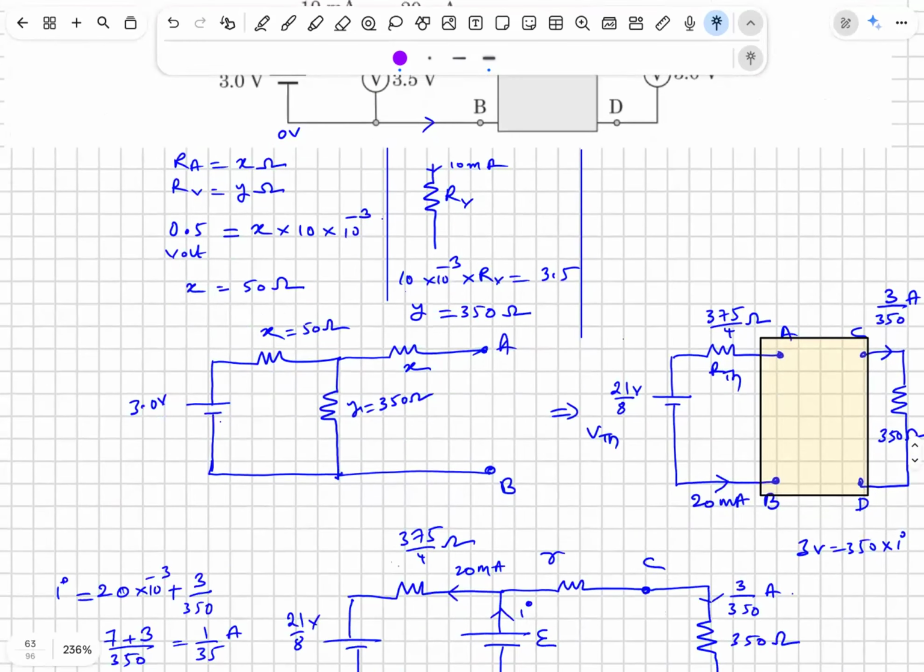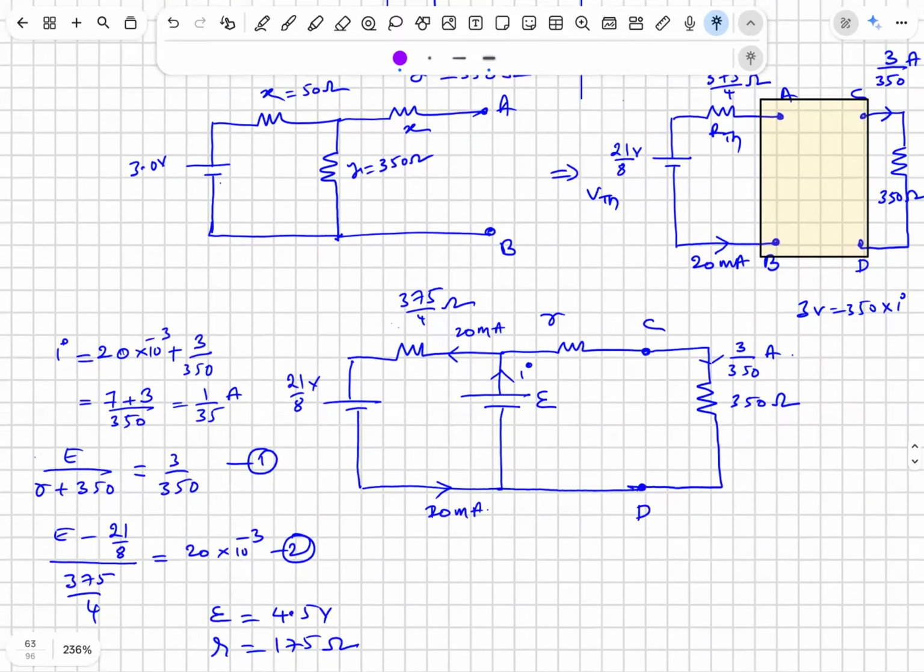I have done Thevenin on the left side. For Thevenin, you replace this 50 and 350 in parallel and that in series with 50, by doing which you will get 375 by 4.